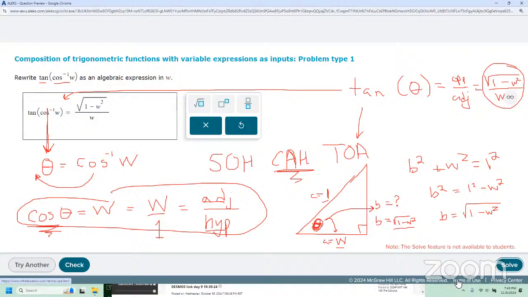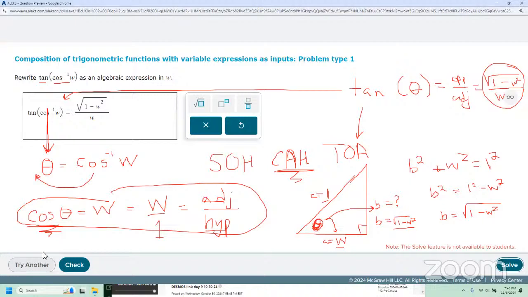All right, this is the process that you have to use to get these. You replace the inside with theta, then you move the inverse over, and then you create this triangle and find the missing part so that you can do the tangent or whatever it says.